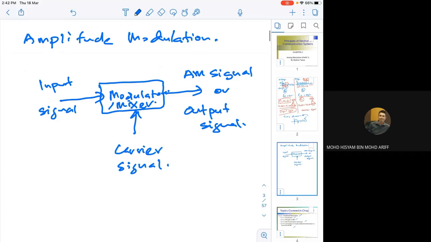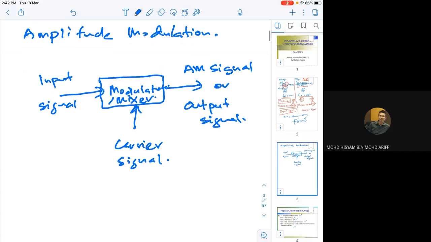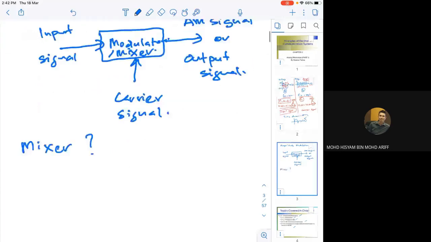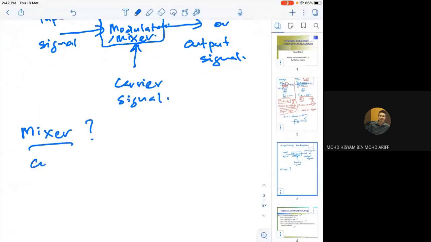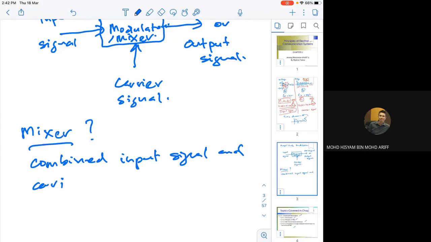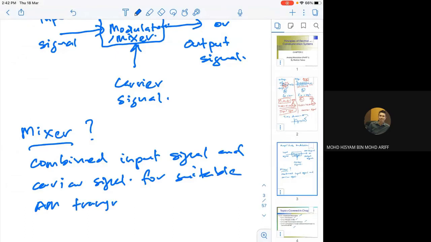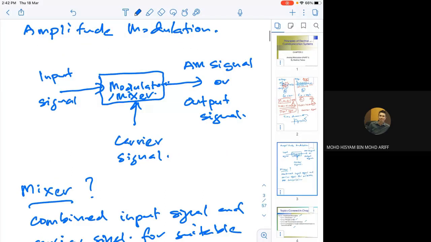What is the function of the mixer? The function of the mixer is to combine the input signal and carrier signal for suitable AM transmission.